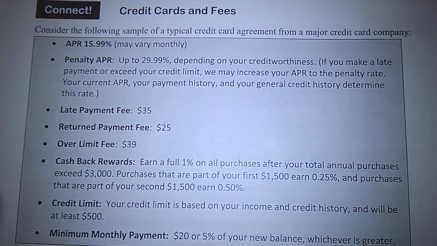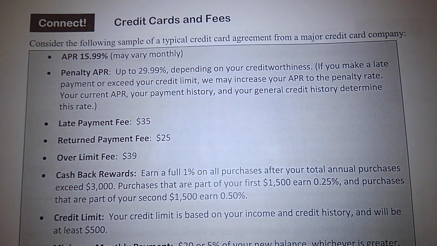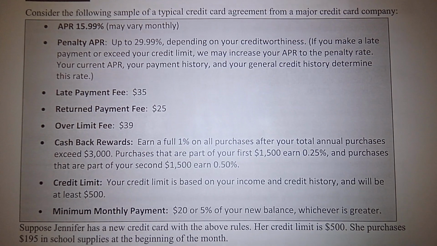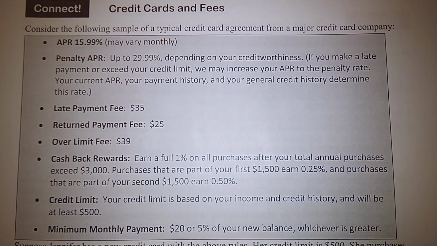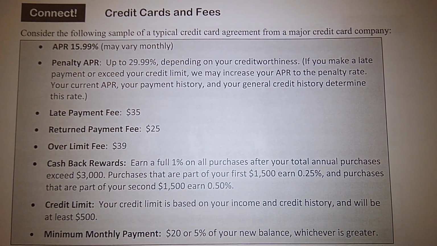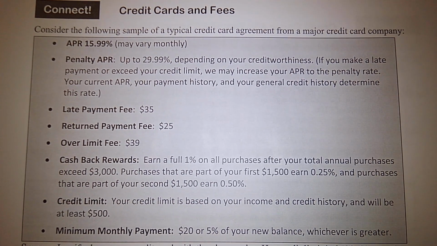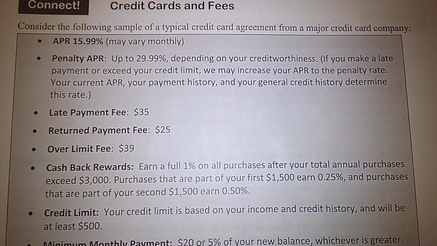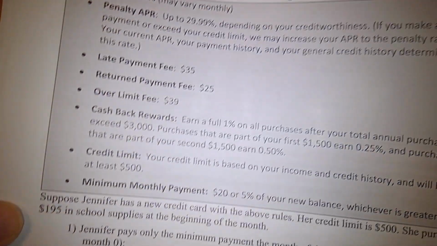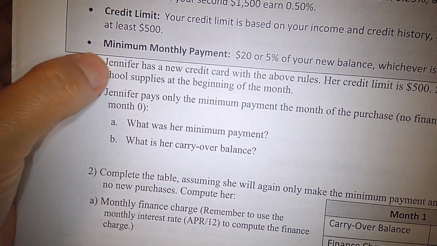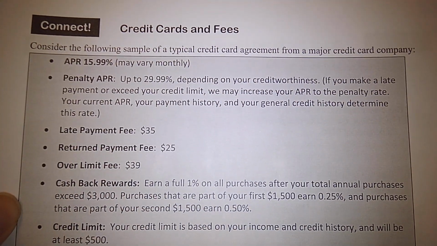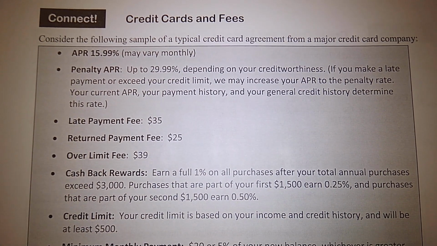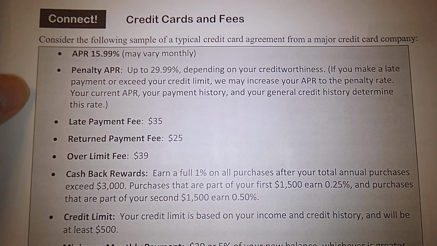Now, let's turn to page 132. Credit card and fees. Okay, I really like this section because very soon we're going to look at the Jennifer problem, so we'll see how the credit card payment works.